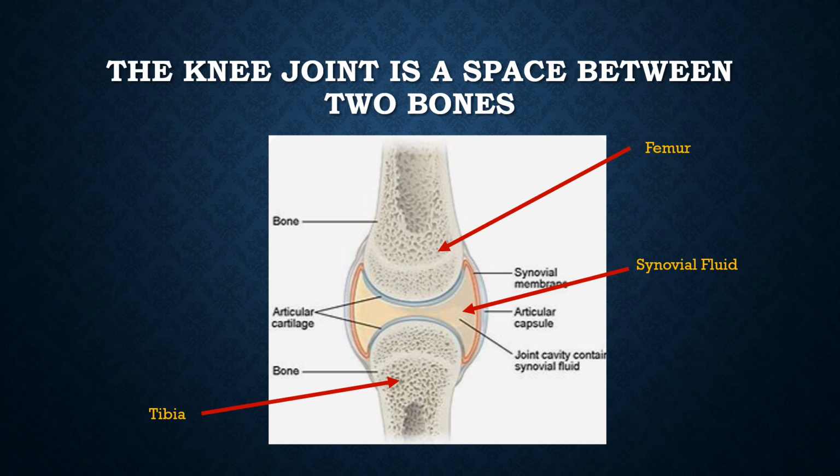In between the two bones, the femur and the tibia, is the synovial space filled with synovial fluid. This helps provide lubrication to the joint. There's also cartilage, which helps to prevent the bones from rubbing together.